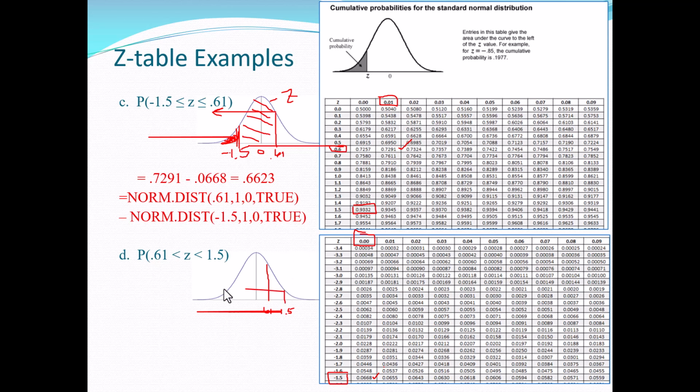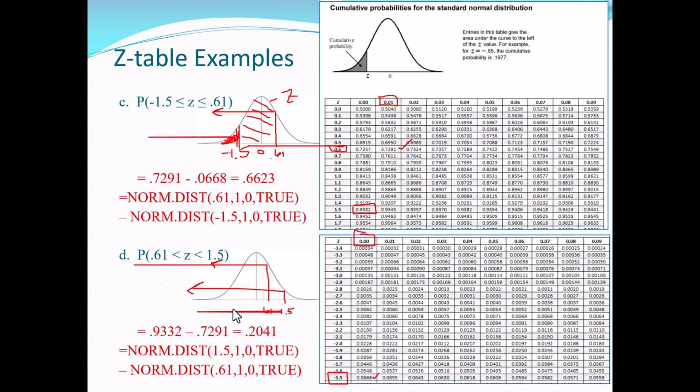So if I look at everything in this direction, if I shade under the curve over there, that's 0.9332, and we already know about 0.7291, so I'm going to subtract them. And again, let's see what we look at in Excel. We're going to use the norm.dist function twice. You get it for your biggest number first, and the biggest z-score here was 1.5, the smallest z-score is 0.61.